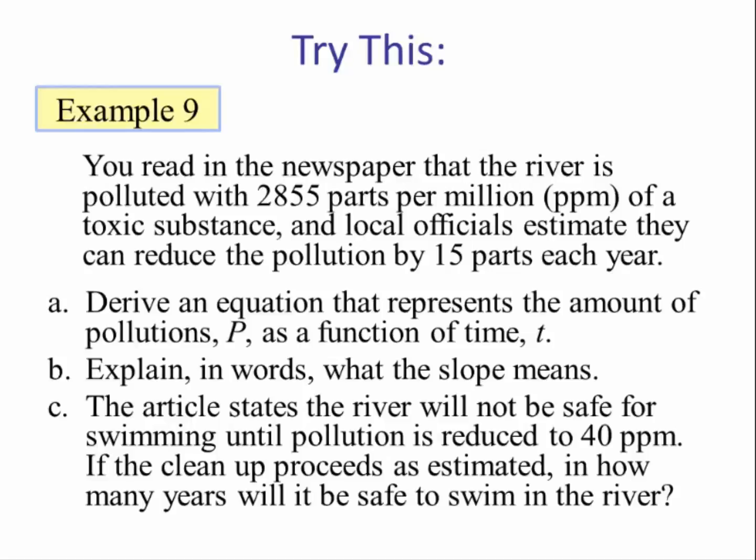And C. The article states that the river will not be safe for swimming until the pollution is reduced to 40 parts per million. If the cleanup proceeds as estimated, in how many years will it be safe to swim in the river?